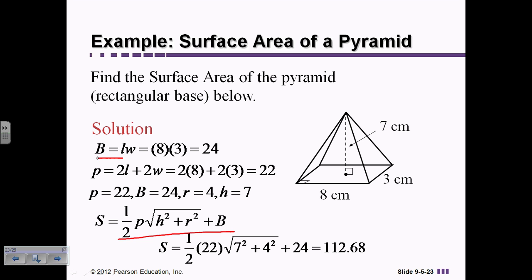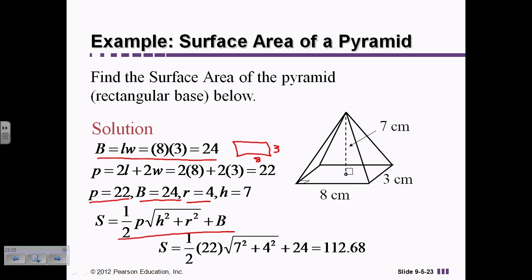So big B, in this example, the area of the base is a rectangle that is 8 by 3. So big B is 24. The perimeter of this rectangle is 2 times length plus 2 times width, so 2 times 8 plus 2 times 3, which is 22. So P is 22, big B is 24, R is 4.